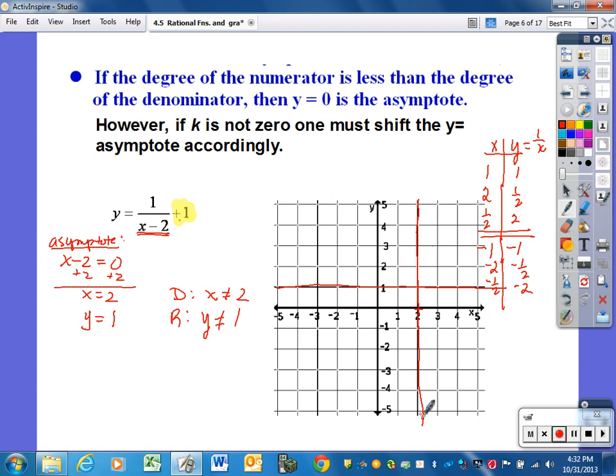So from my asymptotes, 1, 1, 2, 1/2, 1/2, 2. And I'm going to draw in that part of my hyperbola. Then I'm going to do the other side, negative 1, negative 1, from my new origin. Negative 2, negative 1/2. Negative 1/2, negative 2. And draw in that part of the hyperbola.